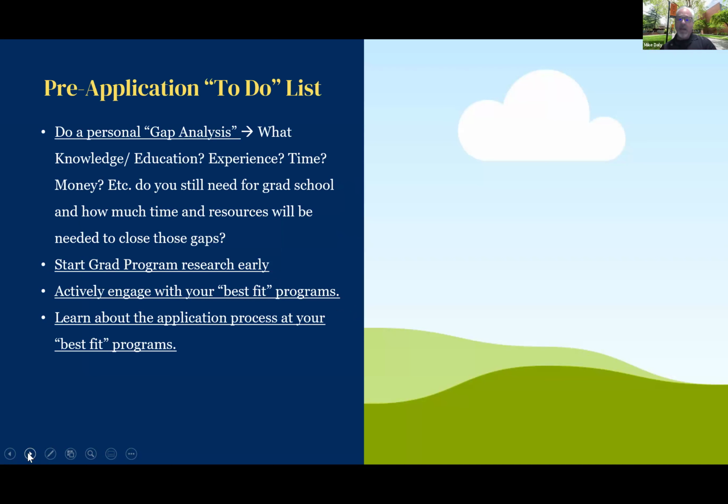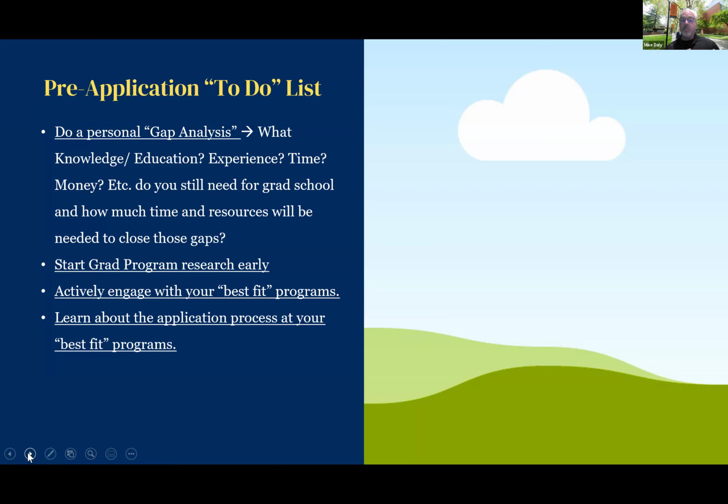Again, no matter where you're at in your journey for preparing for graduate school, it's important that you take a personal gap analysis of where you're at and where you want to be in order to get into that graduate program that you're seeking for yourself. So personal questions that you're going to want to review are: what knowledge, what classes do you need to have in order to be ready for that program?